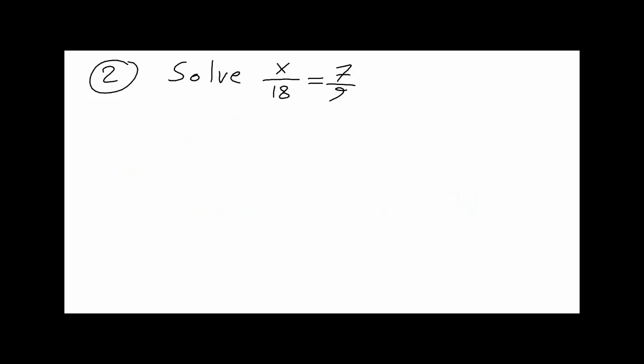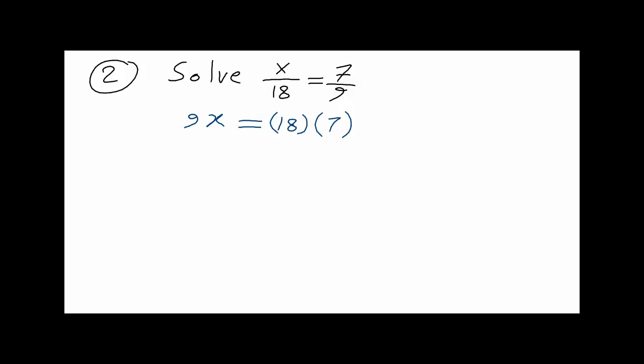Now look at this example. Solve x/18 equal to 7/9. In this question, you are told that these two ratios are equal, so this is a proportion. If it is a proportion, then you can say that 9 times x, which is 9x, is equal to 18 times 7.